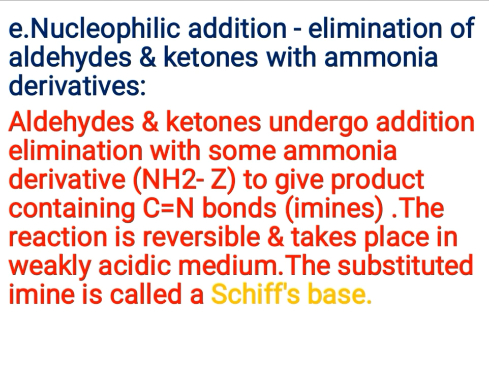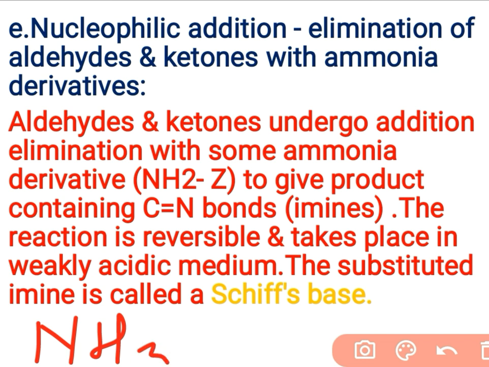First off, what is ammonia derivative? You know ammonia means NH3. If I replace one H of this NH3 by any group Z, then the NH2Z form is known as ammonia derivative. See here, ammonia means NH3.